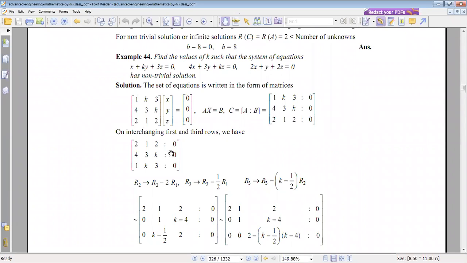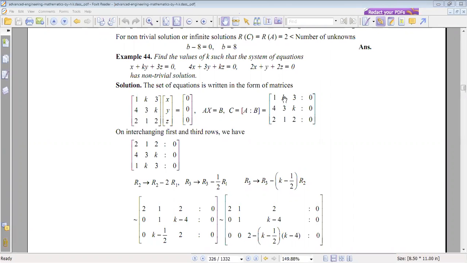Okay. So here there is one thing: we interchange the first row and the third row. Why do we interchange the first row and the third row? Because in the first row there is k, and we are going to find the value of k, so it is difficult when it is in the first row.